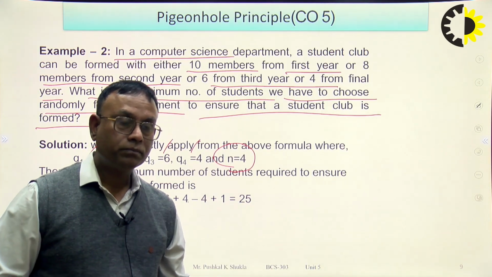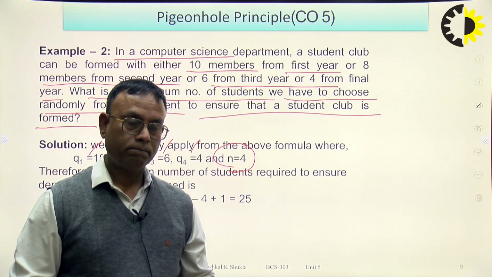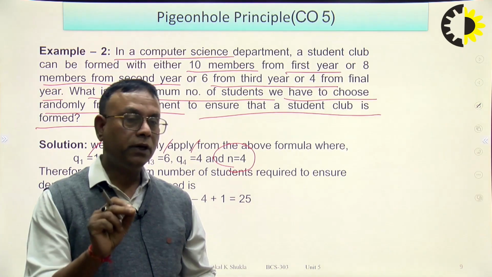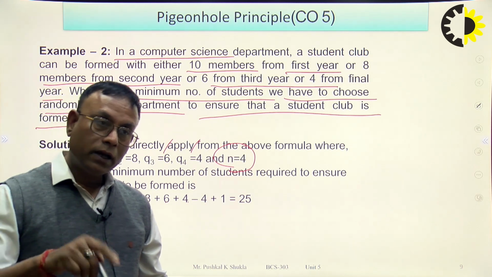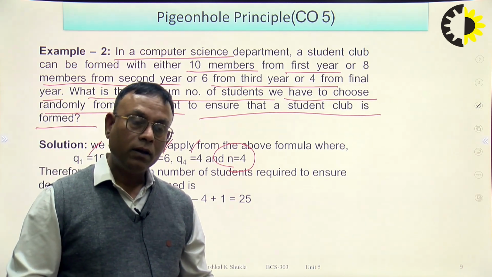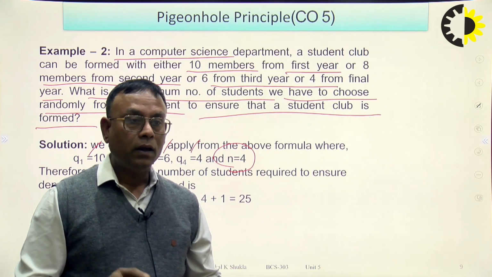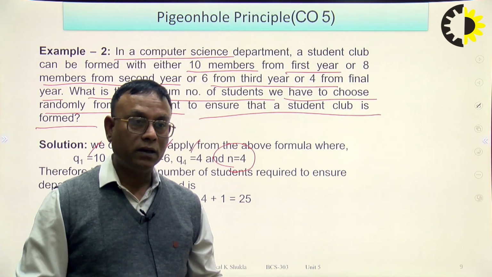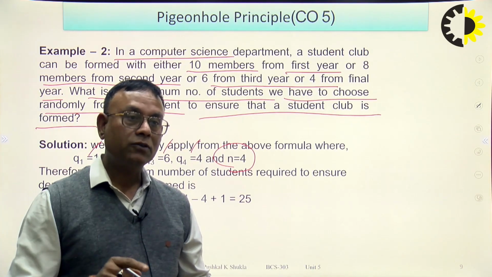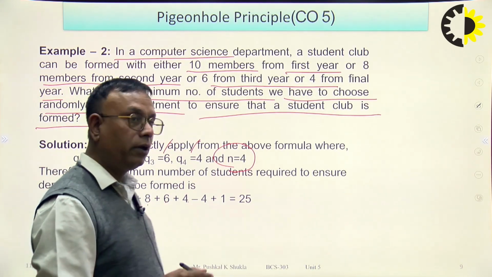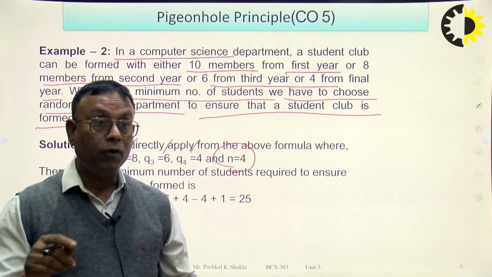For example, out of 49 students, 5 students can be born in the same month. This is because of the generalized pigeonhole principle. It states that if there are n pigeonholes and kn plus 1 or more pigeons, then there must be at least one pigeonhole which is occupied by k plus 1 or more pigeons. So here, out of 49 students, 5 of them can be born in the same month.